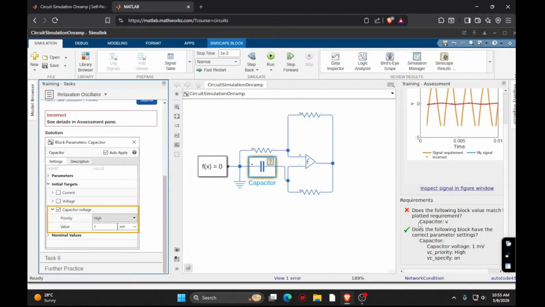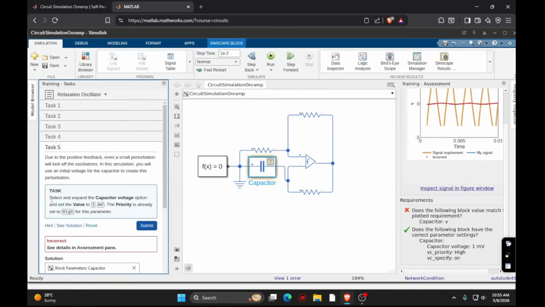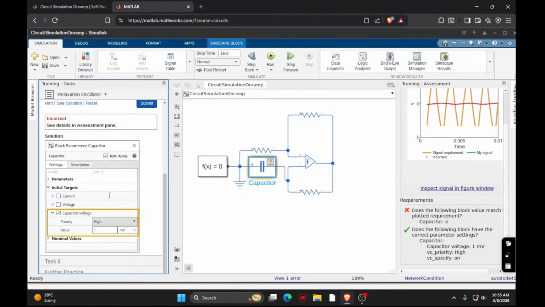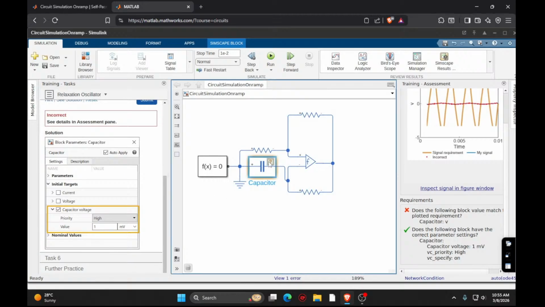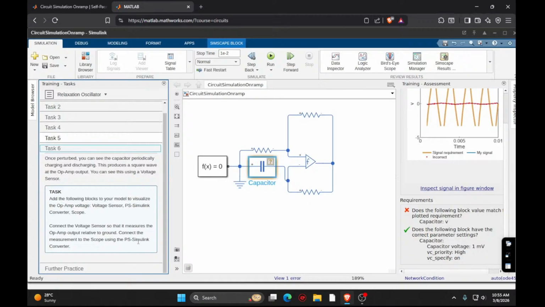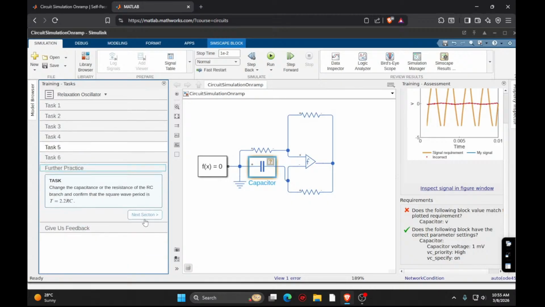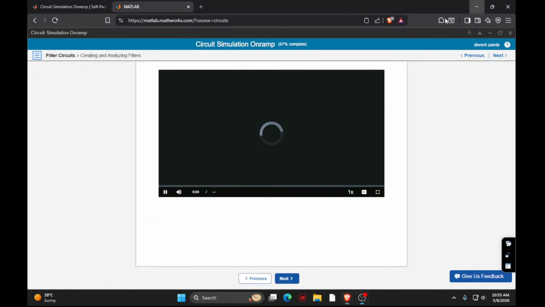Why? Hmm. Okay, we will go to the next part. I think this is a network problem.